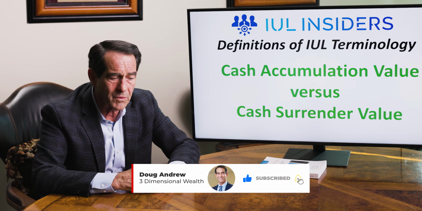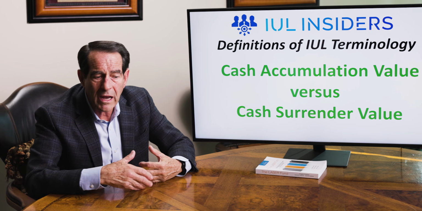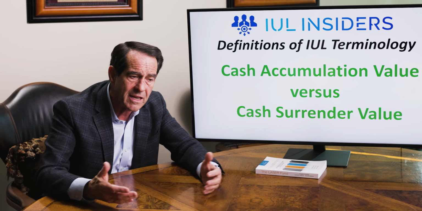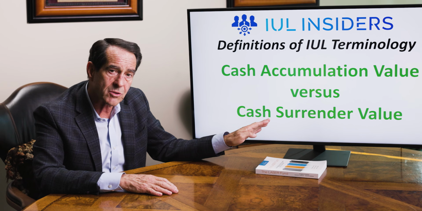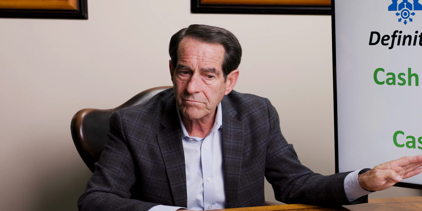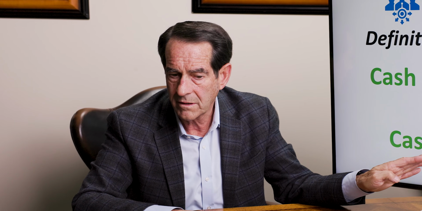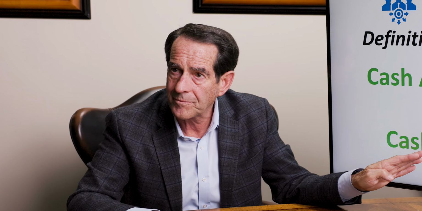How can we do this? The cost of acquiring a client and getting it approved and set up is expensive for the financial institution. So when does the cash surrender value come into play? Only if you were to cancel and bail out.